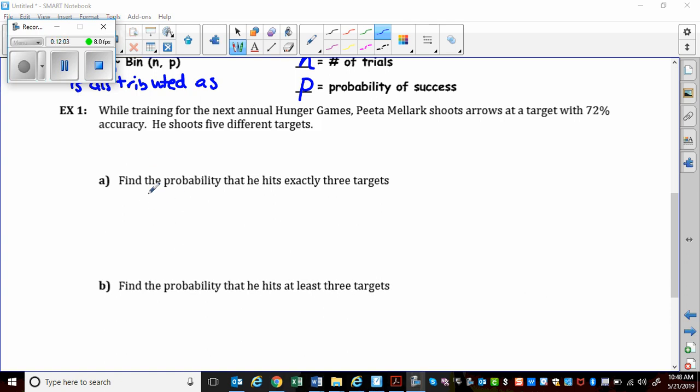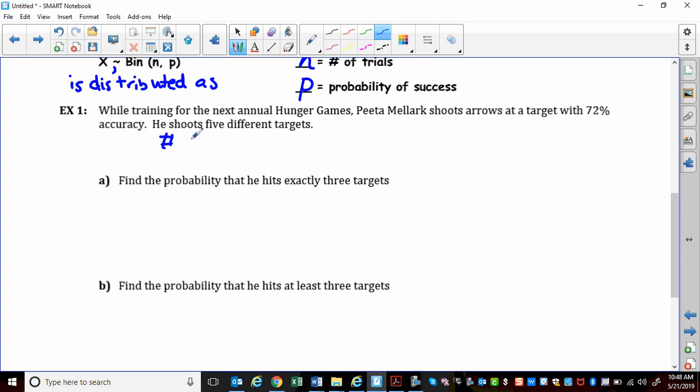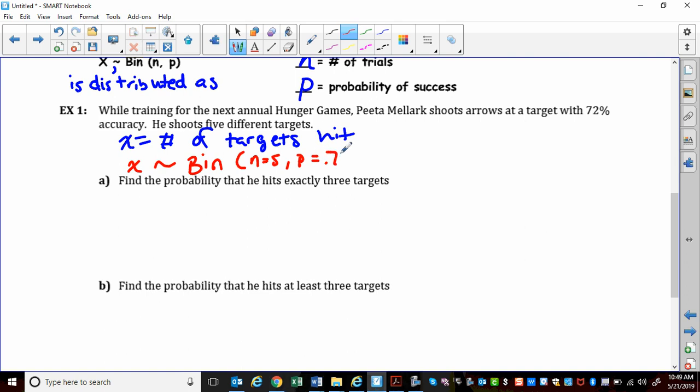So the number of targets he hits is X. And X is distributed as binomial, then N equals 5, remember, and the probability of success is 0.72. Find the probability that he hits exactly 3 targets.